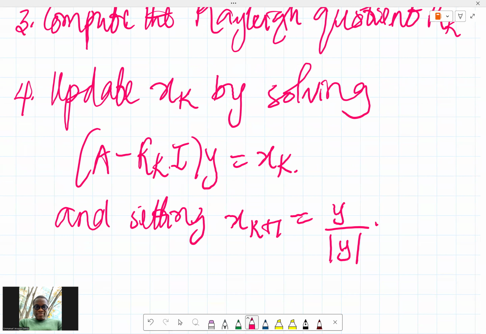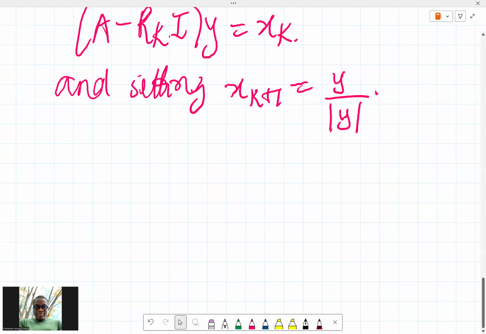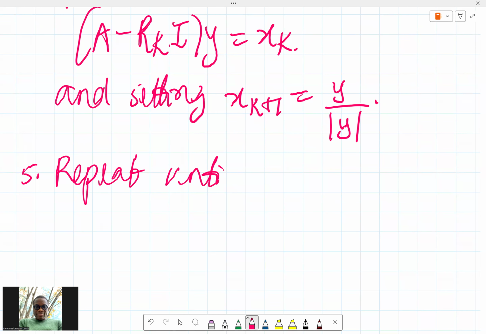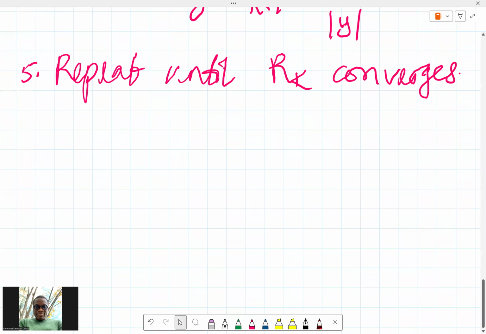So that's where the normalization happens. This may be the little difference between it and the power method and inverse iterative method. Five, you repeat until R_k converges. This is more or less like the lambda_k we were talking about before.